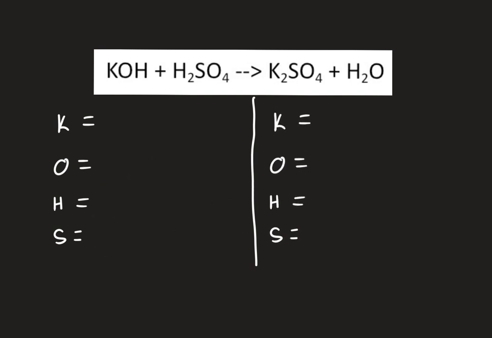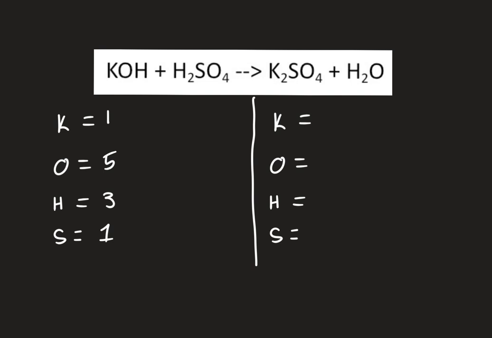And if we count the number of potassium atoms on the left, it's 1. Oxygen over there, I'm going to count 1 plus the 4 over there. So altogether that makes 5, good. And then hydrogen, I have 1 over here plus the 2, and that gives me 3. And I have 1 sulfur atom.